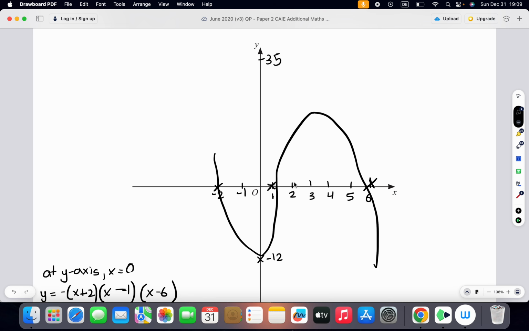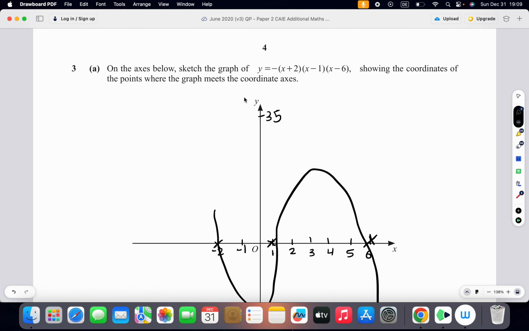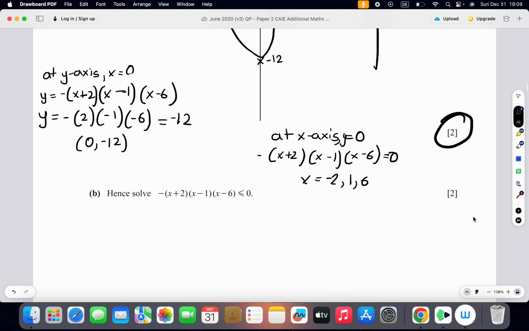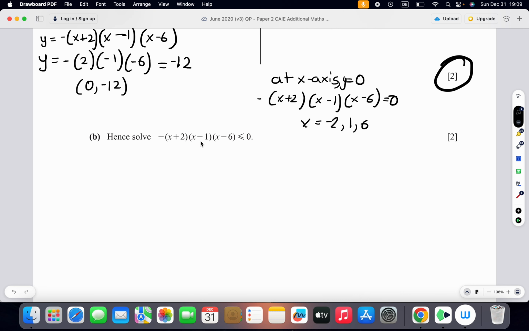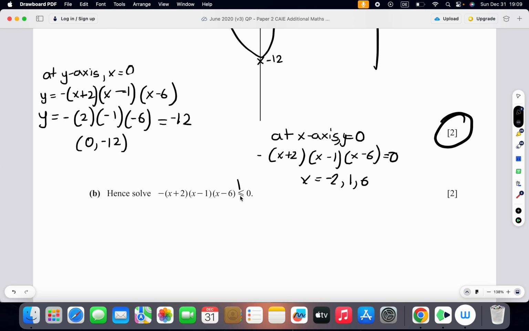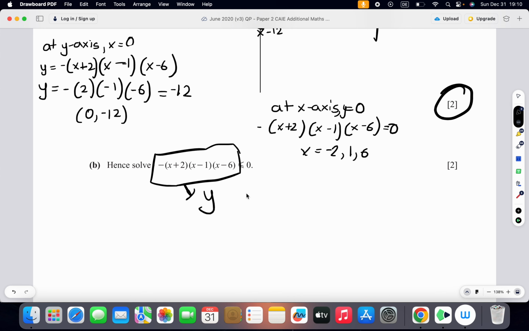That's your graph. You showed the points where it meets the coordinate axes, so you scored those 2 marks. And now let's go into hence solve this equation. What it's basically saying is that this whole thing is just the y value. So it's saying, give me the x values when y is smaller than or equal to 0.